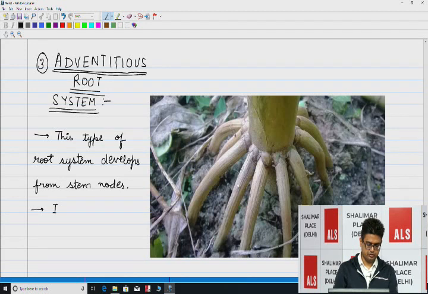Give me a second. Okay. You can find it in pothos, money plant.